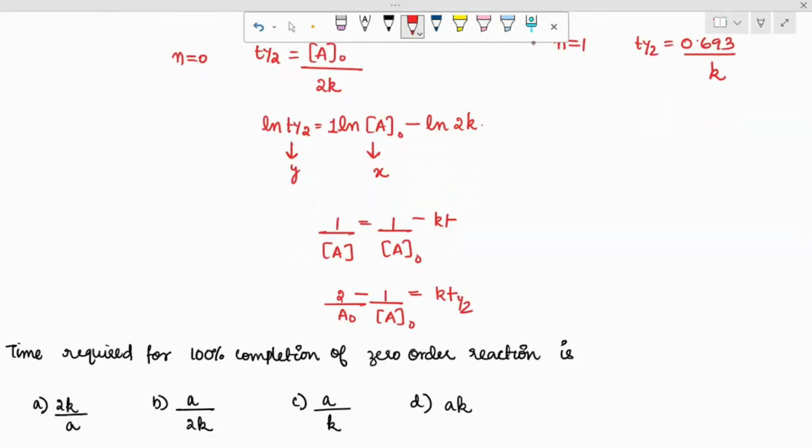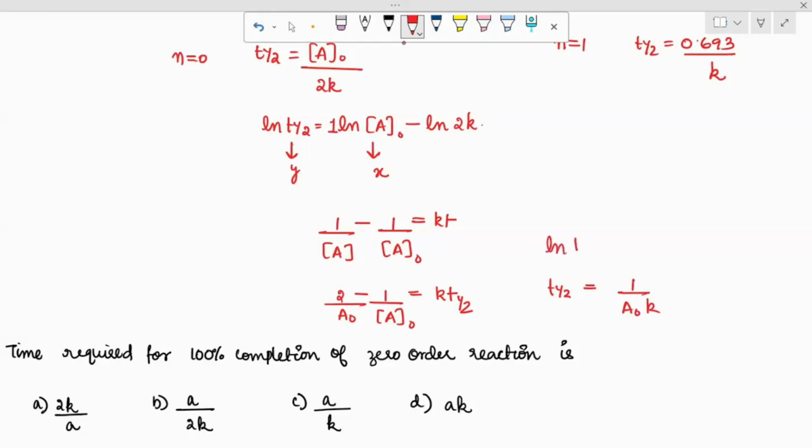Okay. Now, if we rearrange this, we will get T half is equal to, sorry, this is 1 by A minus 1 by A naught equal to K. Yeah, like this. So this becomes 2 minus 1 is 1, 1 by A naught into K.